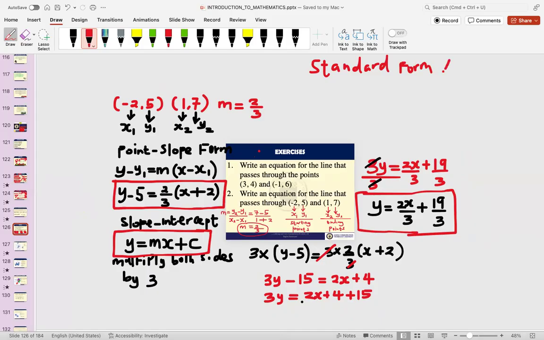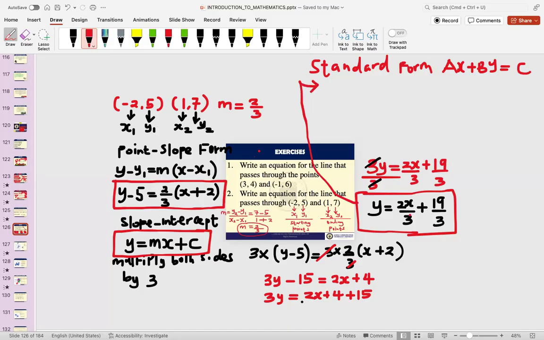And we wrote it as ax plus by is equal to c. So it means that x and y will have to be on the same side. And they have to be in the form of a straight line. So it means that we are going to also work on this one again to get the standard form.